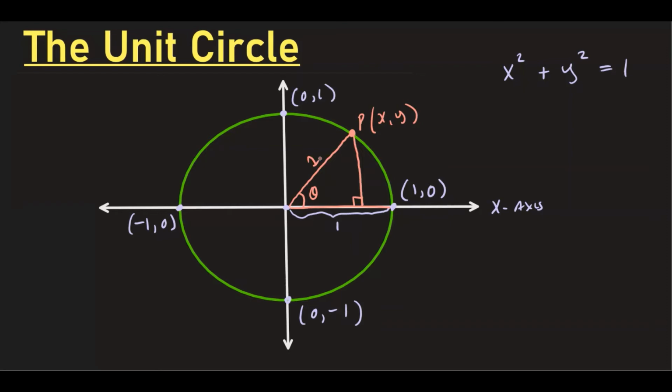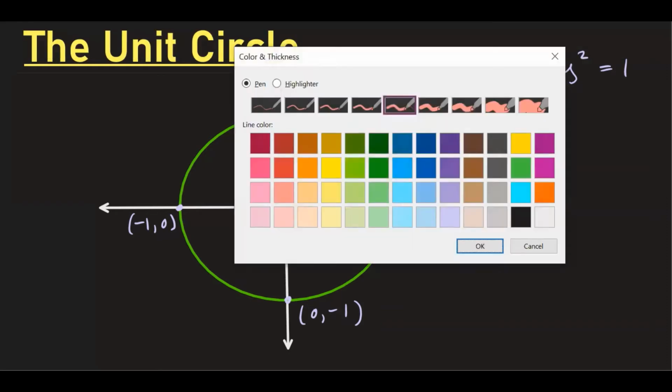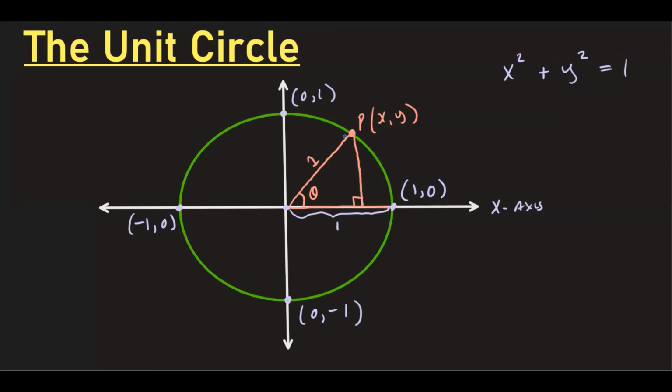Now, what about the sides? Well, if you recall, this point, the y coordinate is y. That means this side across from theta is going to be y, since it's parallel to the y-axis.